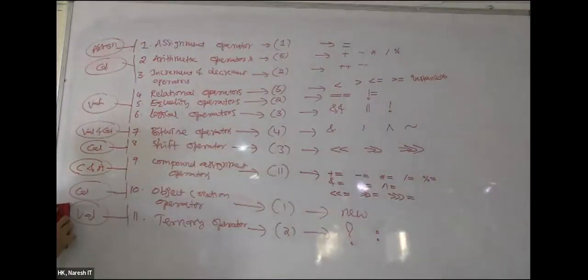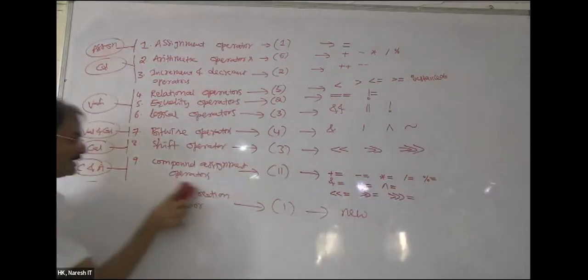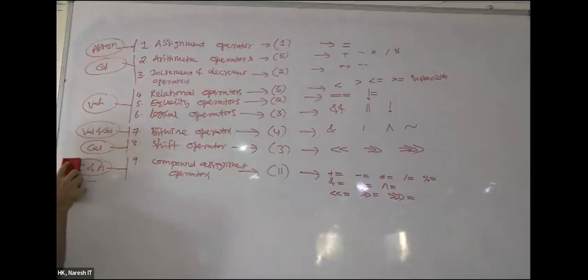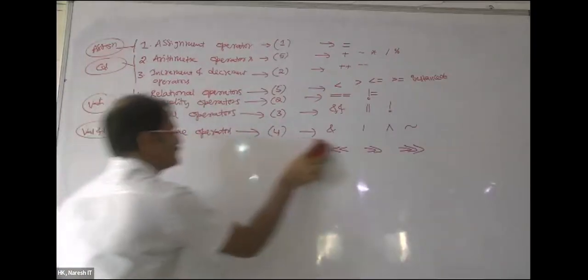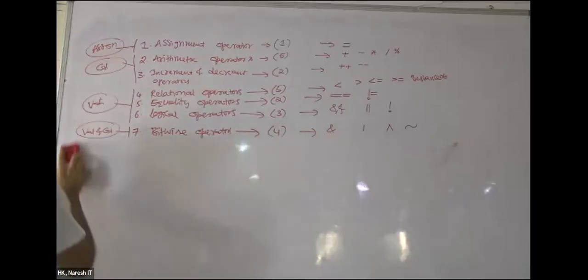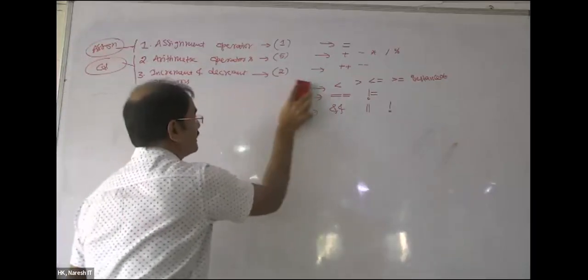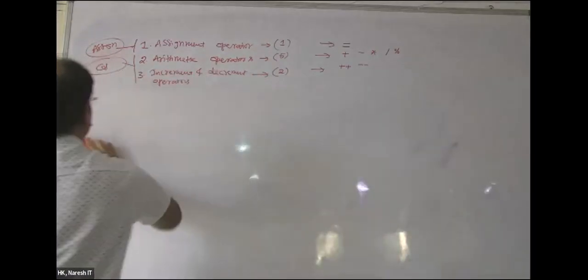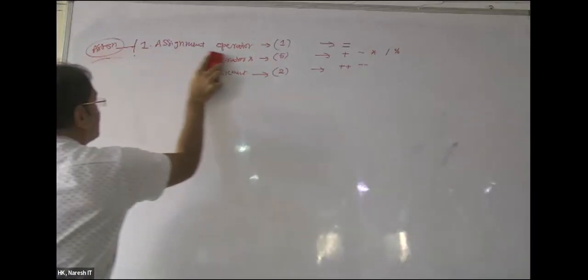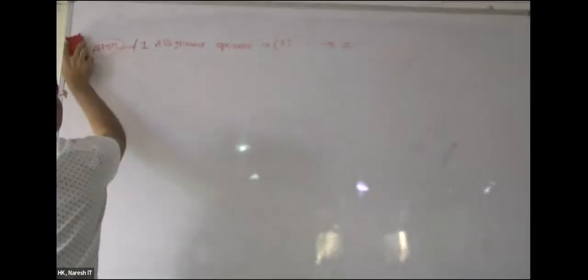Next, ternary operator. Wow, nice. Next, object creation operator. Next, compound assignment operator. Nice. Next, shift operator. Next, bitwise operator. Wow. Next, logical operator. Equality operator. Relational operator. Next, incrementing, decrementing operators. Arithmetic operators. Assignment operator. Wow, nice. Completed.